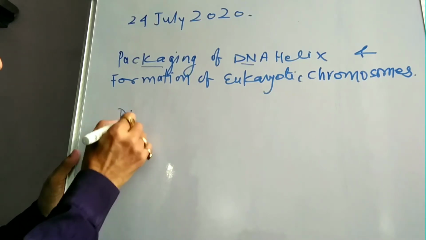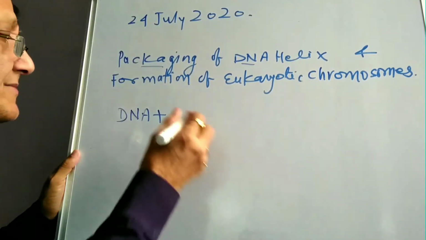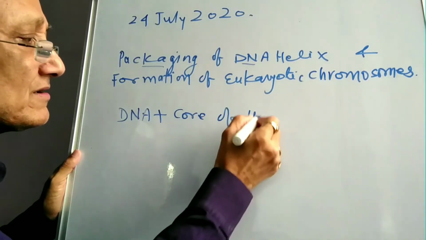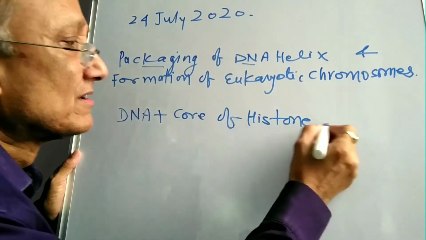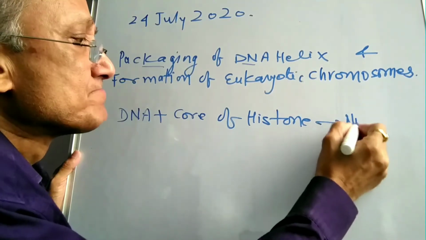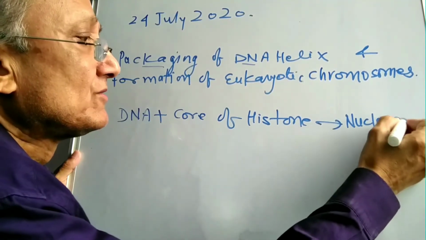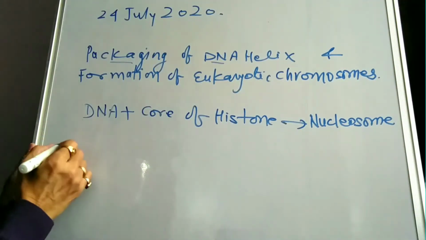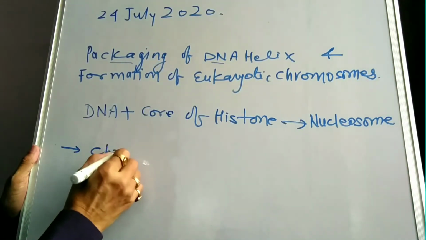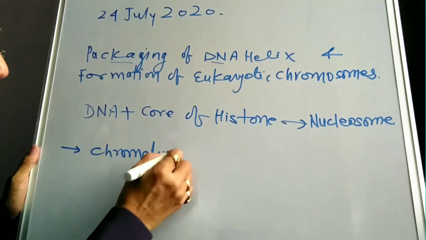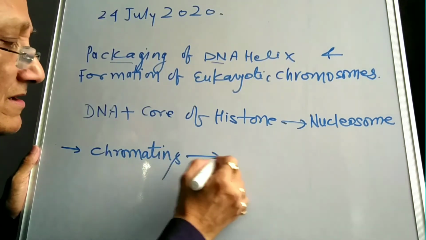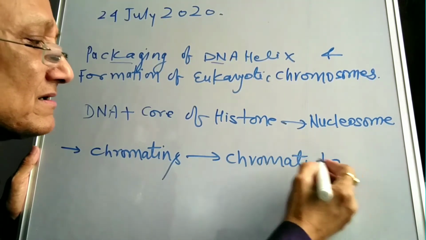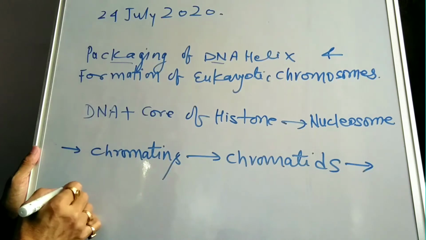First, DNA plus core of histone will give rise to nucleosome, chromatids, and chromosomes.